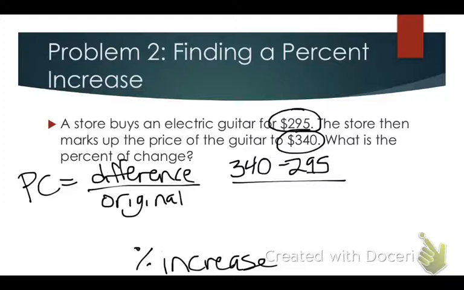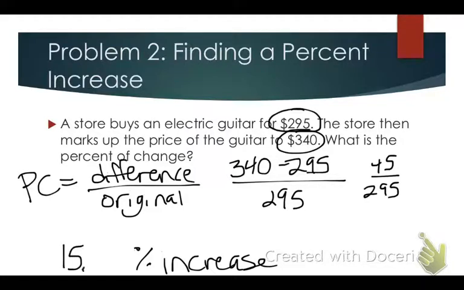They originally bought the guitar for $295, so that's going to be the amount that I divide by. So 340 minus 295 is 45, divided by 295 gives me again that decimal, but if I multiply by 100, I can notice that it is a 15.25% increase in price.